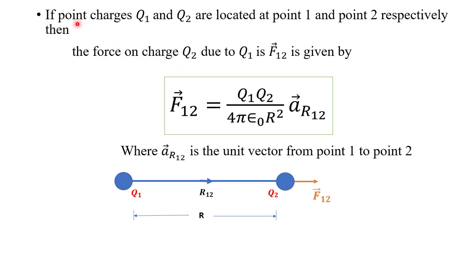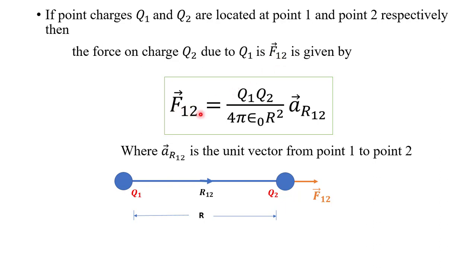If these two point charges Q1 and Q2 are located at point 1 and point 2 respectively, and are separated by a distance capital R, then the force on charge 2 due to charge 1 is represented as F12. So F12 indicates the force on charge 2 due to charge 1.